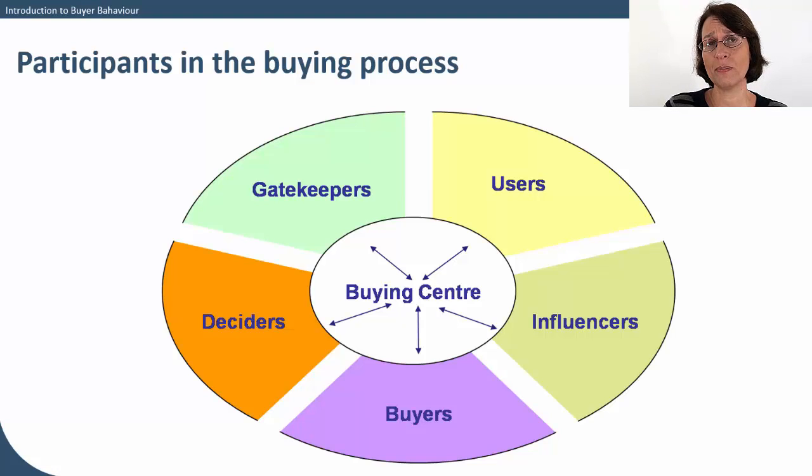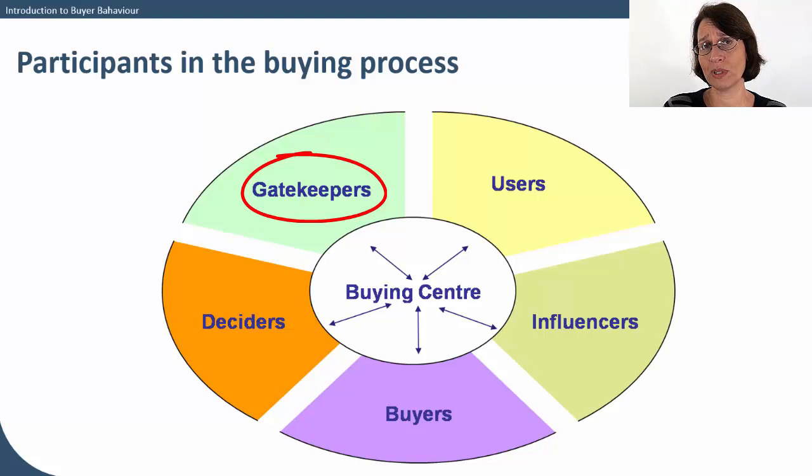The participants in the buying process have very similar names, and this is called the decision-making unit. In the decision-making unit, you are going to have gatekeepers, and those people really are the guardians of the information. You need to get through a gatekeeper to make sure that everybody else in the decision-making unit receives the information that you want to get to them as a marketer.